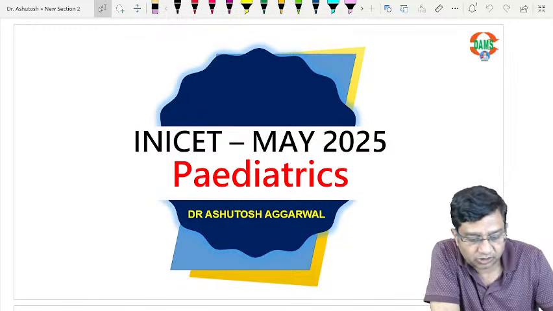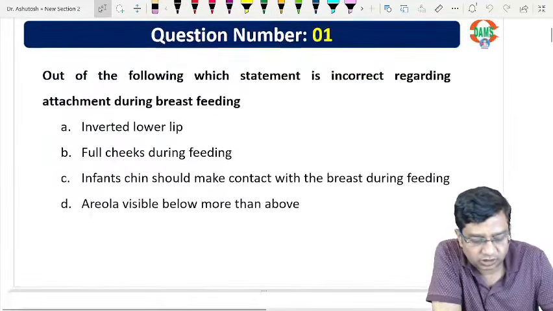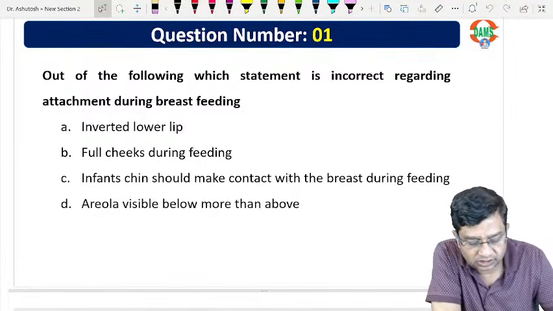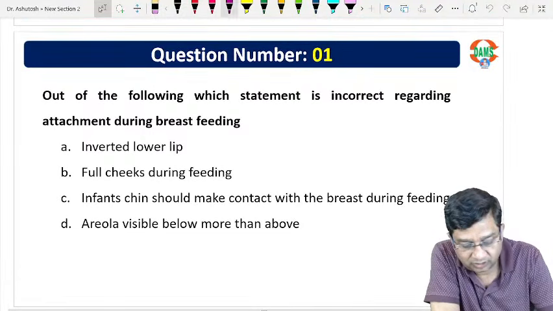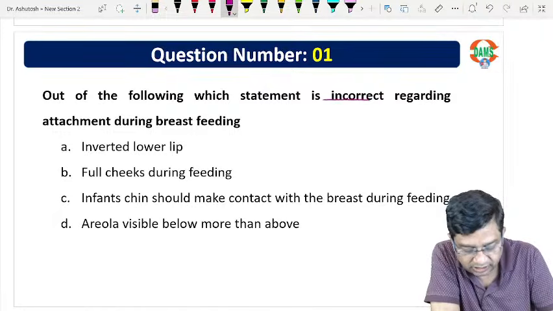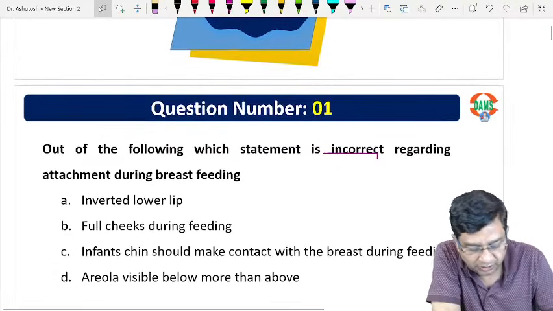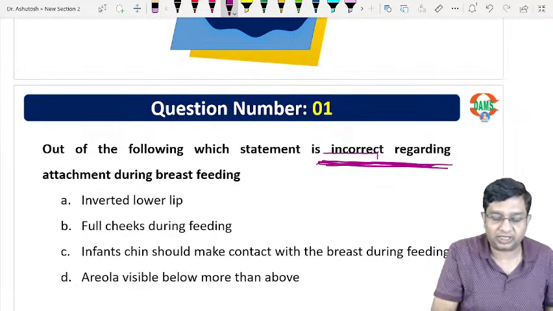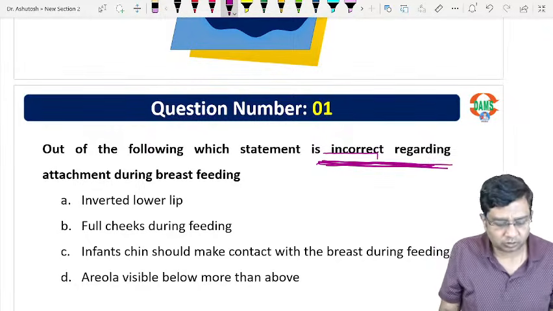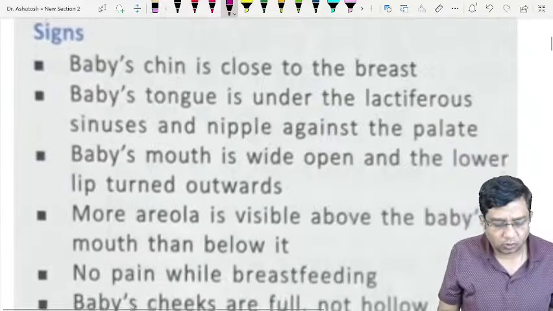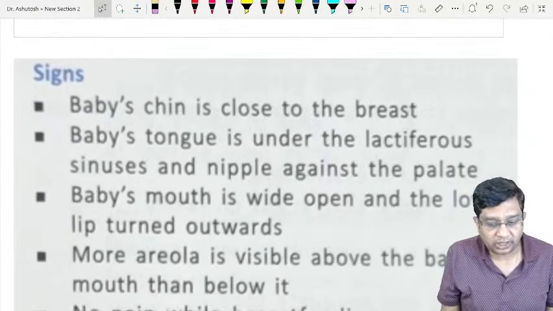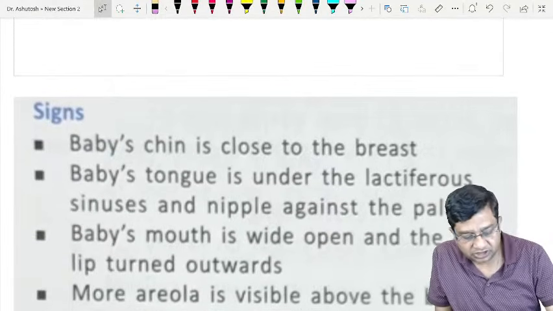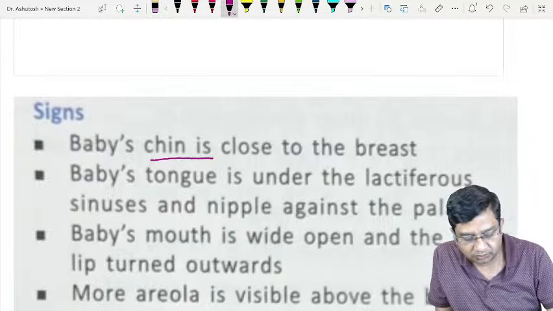So, not wasting much of your time, going to the first question. Out of the following, which statement is incorrect, regarding the attachment during breastfeeding? To solve these questions, we should know the signs of good attachment. The baby's chin is close to the breast.